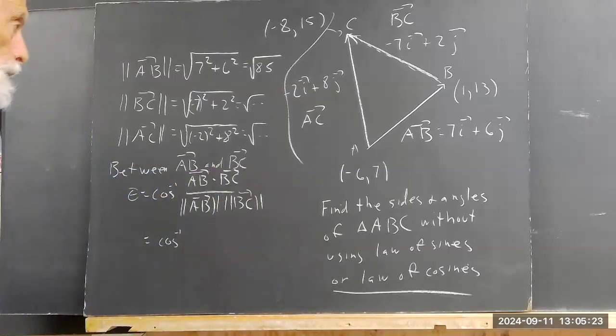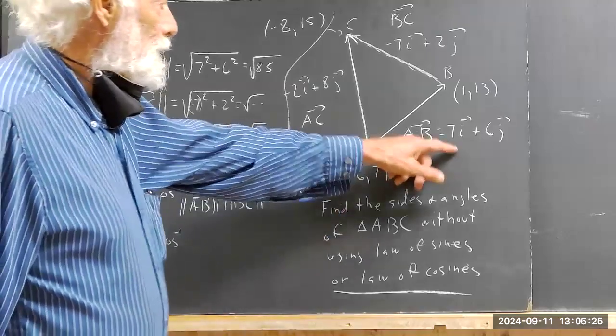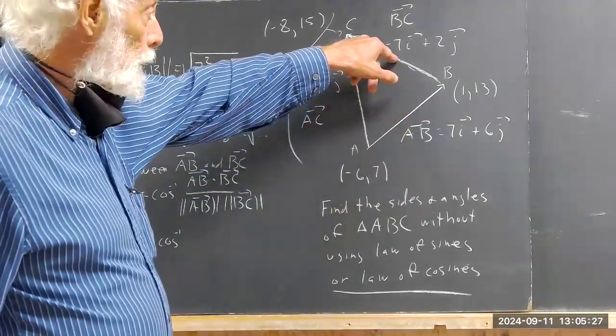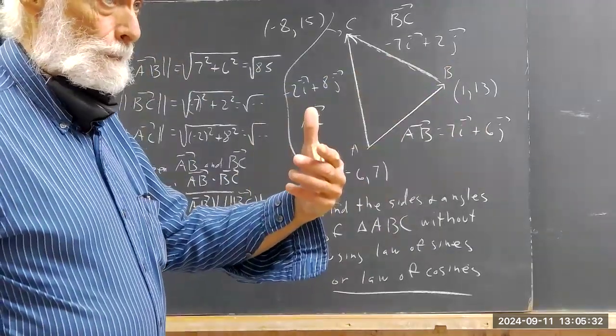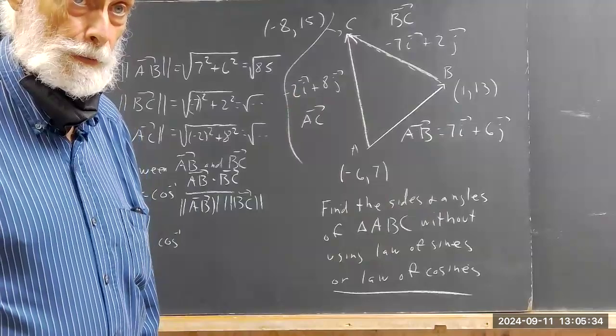Okay, we do the dot product, AB with BC. 7 times -7 is -49. 6 times 2 is 12. Right? -49 plus 12 is -37.